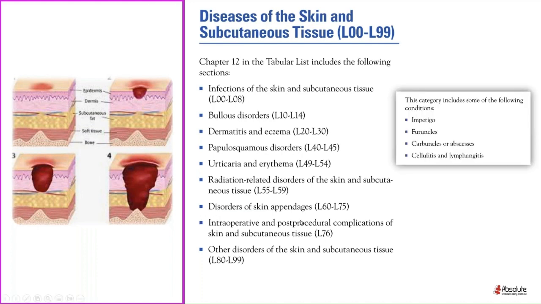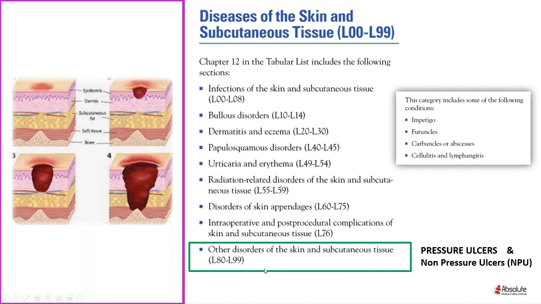We're going to also be taking a look today, though, specifically at other disorders of the skin and subcutaneous tissue, L80 through L99, pressure ulcers and non-pressure ulcers. This category also includes impetigo, furuncles, carbuncles, and abscesses, cellulitis, and lymphangitis. Why are they there? Because these are diseases or conditions that affect the skin.